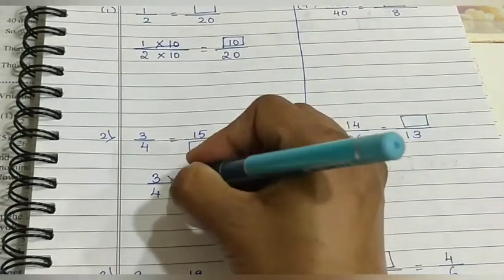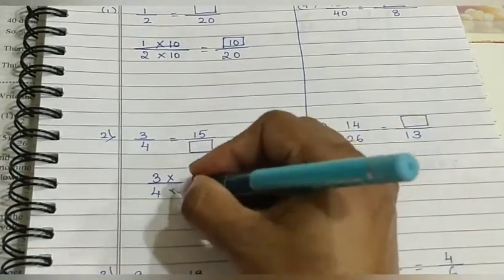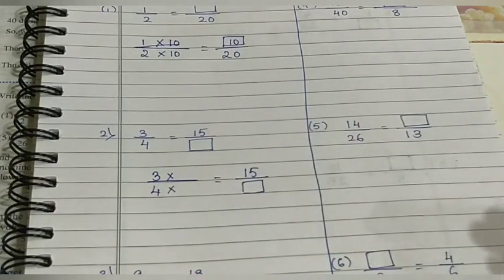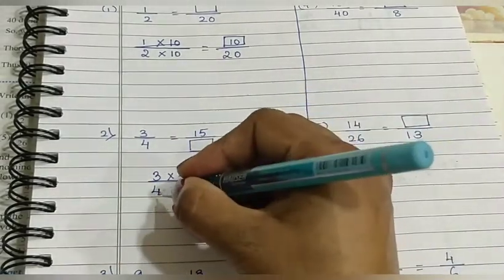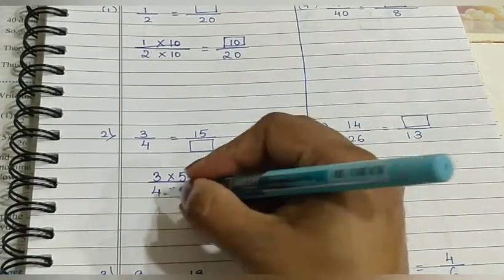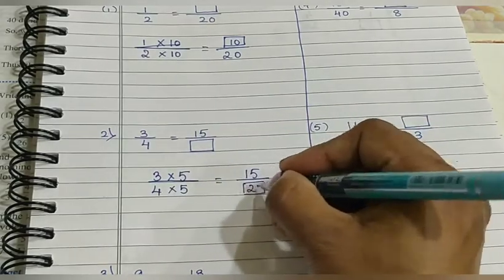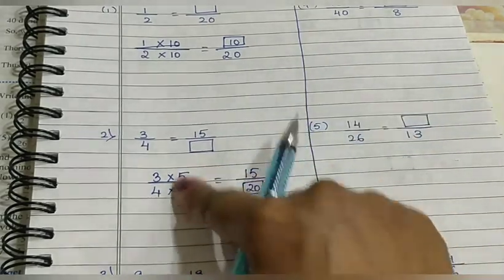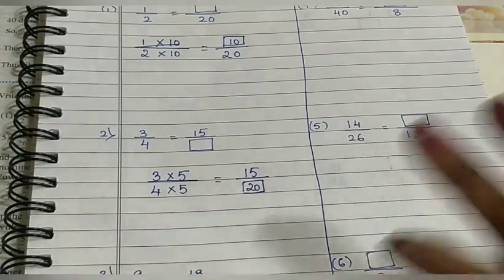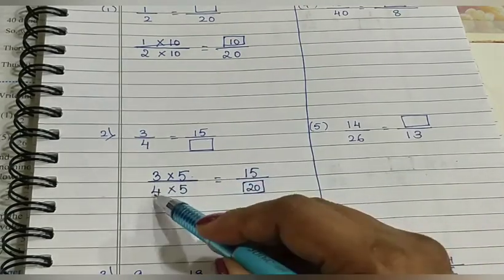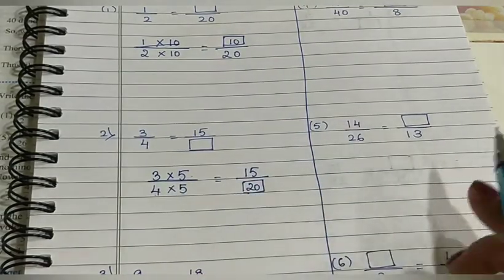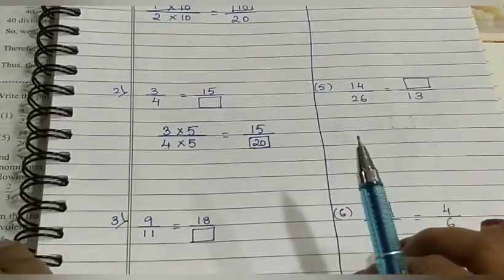Okay, so 3 ones are 3, 3 twos are 6, 3 threes are 9, 3 fours are 12, 3 fives are 15. Okay, and then the same you will multiply, 4 fives are 20. Whatever number, the two will be the same. They are not different. So 3 fives are 15, 4 fives are 20. So the answer is 20.